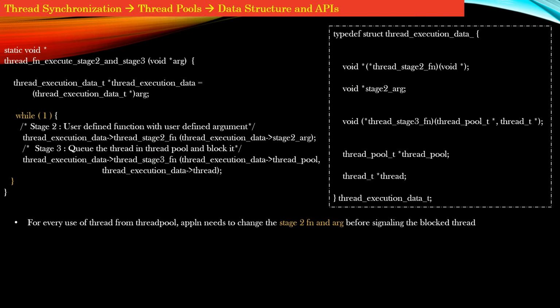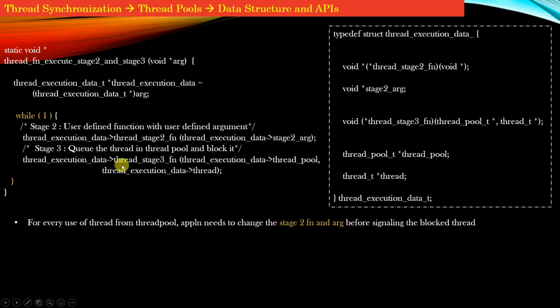Meaning that when the thread has parked itself into the thread pool, the thread will be fetched from the thread pool and signaled only when the application has changed this thread's stage 2 function as well as this stage 2 argument with some other function and other data, because the application would want to reuse the same thread again and again to perform different types of tasks, right?